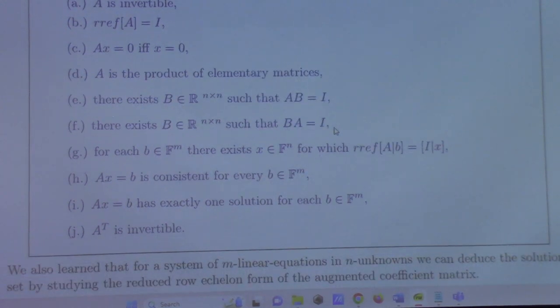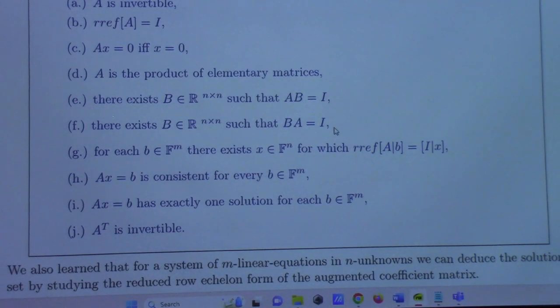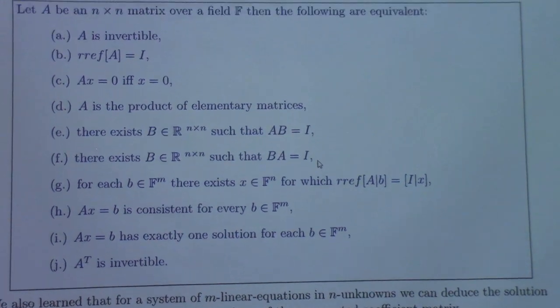Look, I love this theorem, the equivalent ways of looking at an invertible matrix, right? A is invertible. The reduced echelon form of A is the identity matrix.